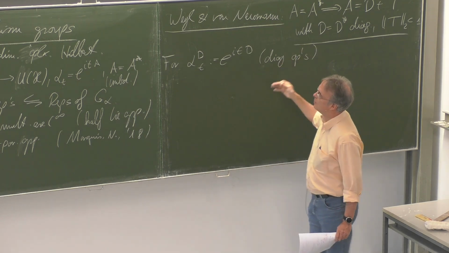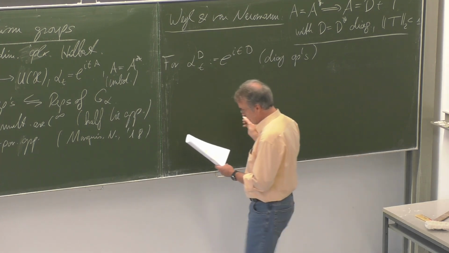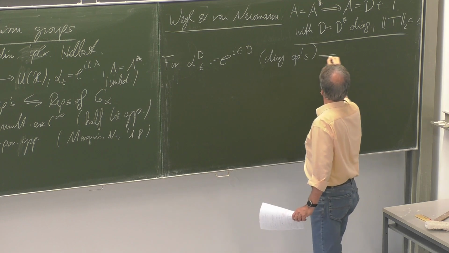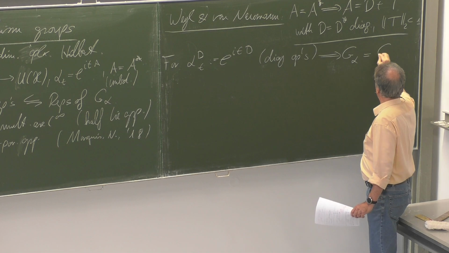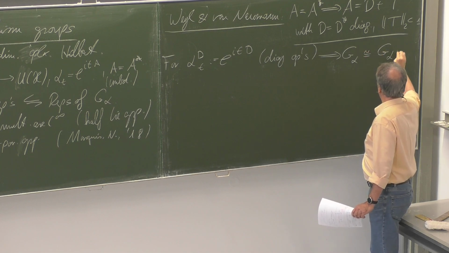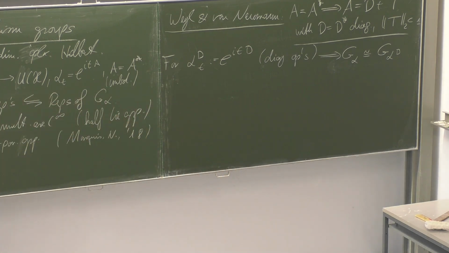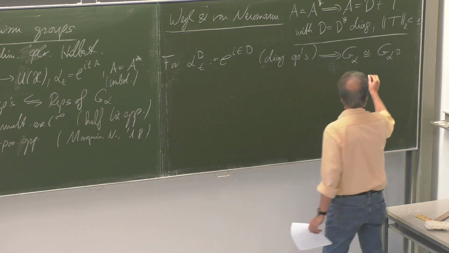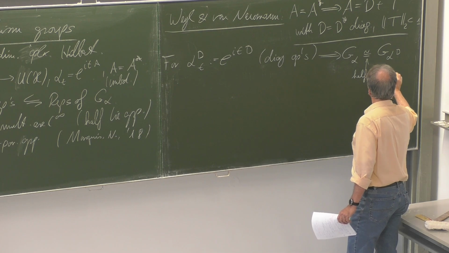And when I say diagonal, I mean for some given orthonormal basis, then this group G alpha is isomorphic to the corresponding group I get from the diagonal one-parameter group. And this is an isomorphism of half-Lie groups, a C1 isomorphism of this context. So half-Lie isomorphism.